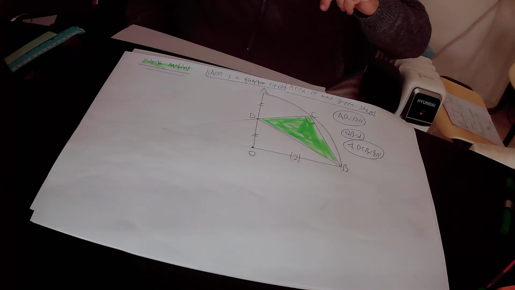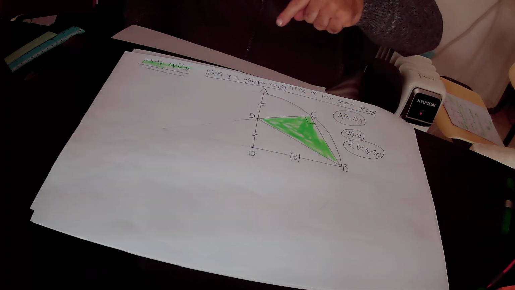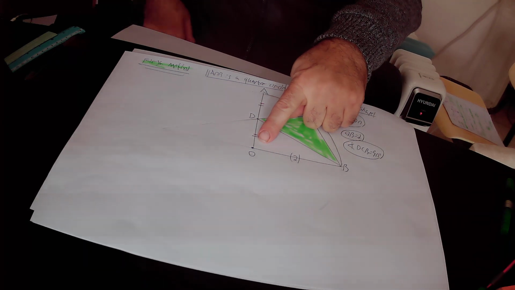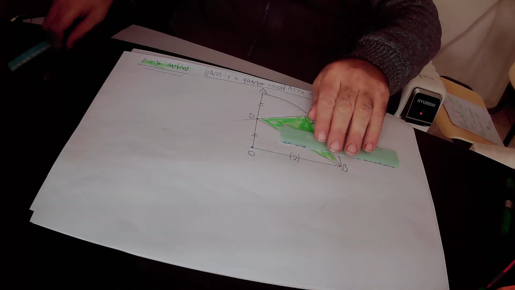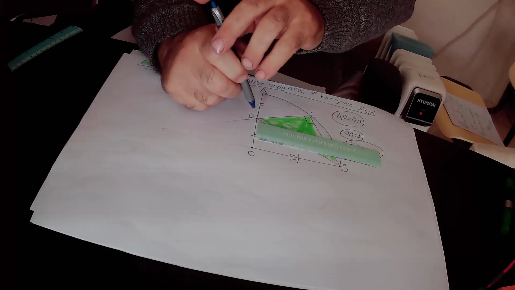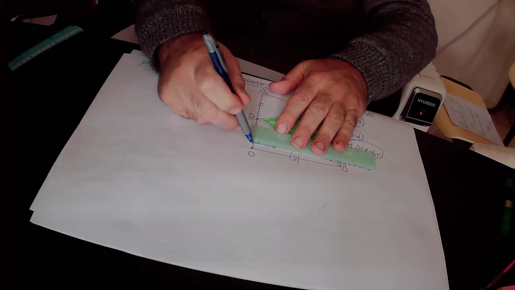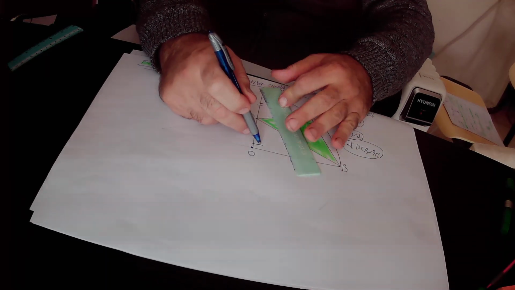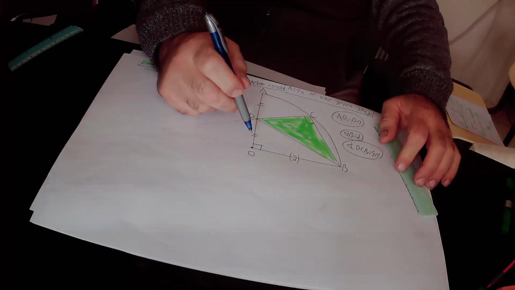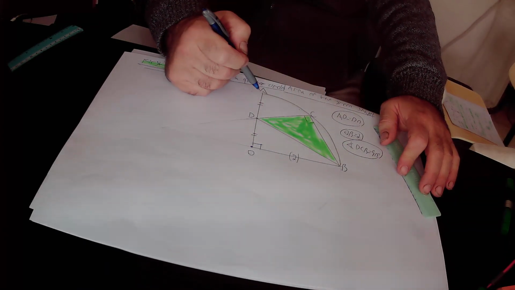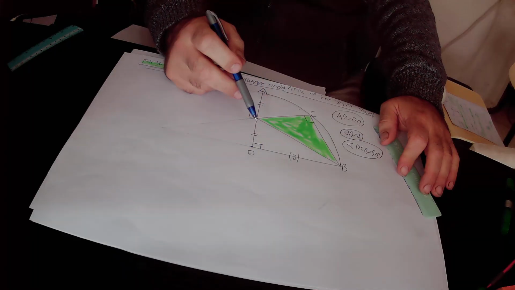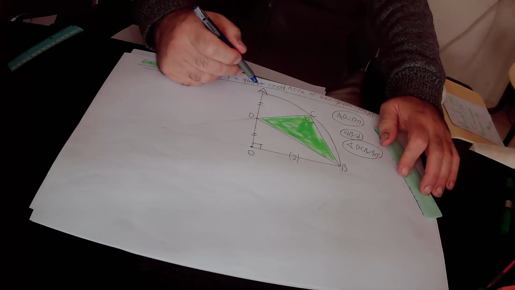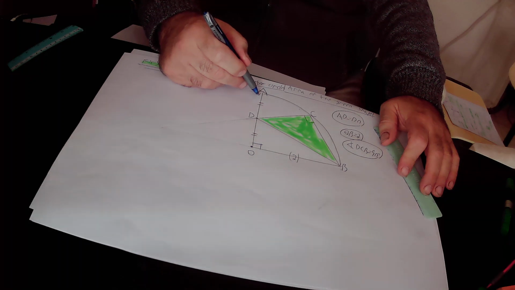First of all, AOB is a quarter circle, and therefore this angle AOB is the right angle. OB and OA are both radii of the quarter circle, which equal 2. So the radius OB equals 2, and therefore the radius OA must also equal 2 units in length.